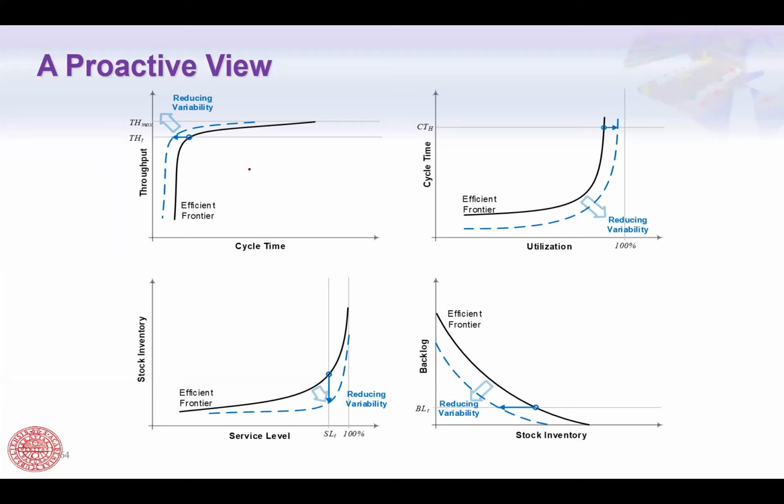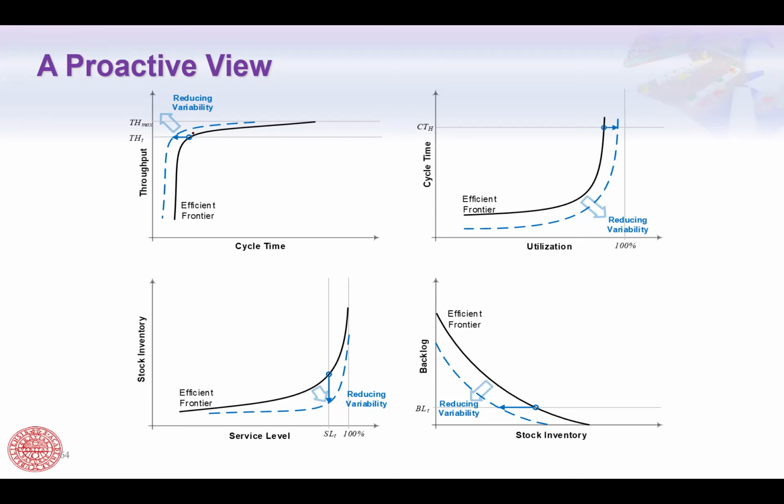And that's why the more important, more proactive view by using multi-objective optimization is this: today you have your system behaving in the black curve. What would you do in order to move your black curve towards the blue curve?